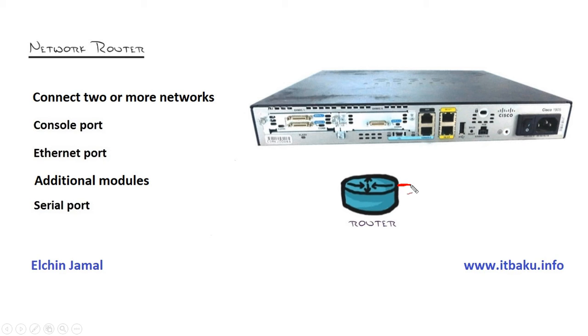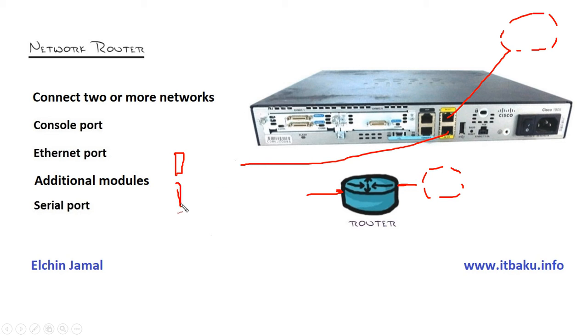One interface is connected to the provider, the ISP, to the internet. The second interface is connected to our home network, where our devices are connected. The same thing I've shown you here on the picture.